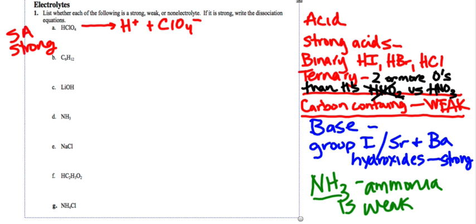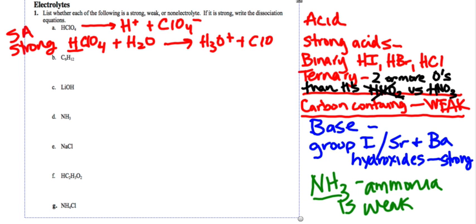Now another way you can write an equation, for any acid or base in a solution, you can always add water, and when you do that, it's the same exact equation. The same exact thing happens, except now the H donated to this water, and we're going to get H3O plus and ClO4 minus. Folks, that's the exact same thing.